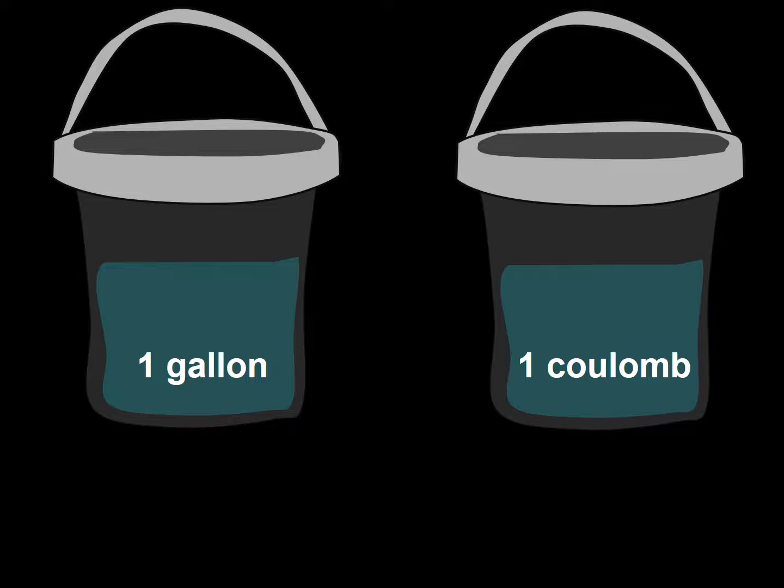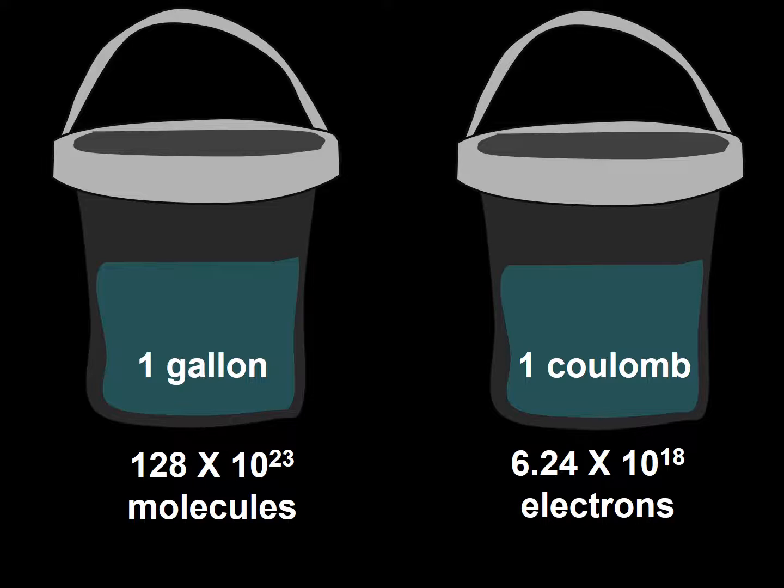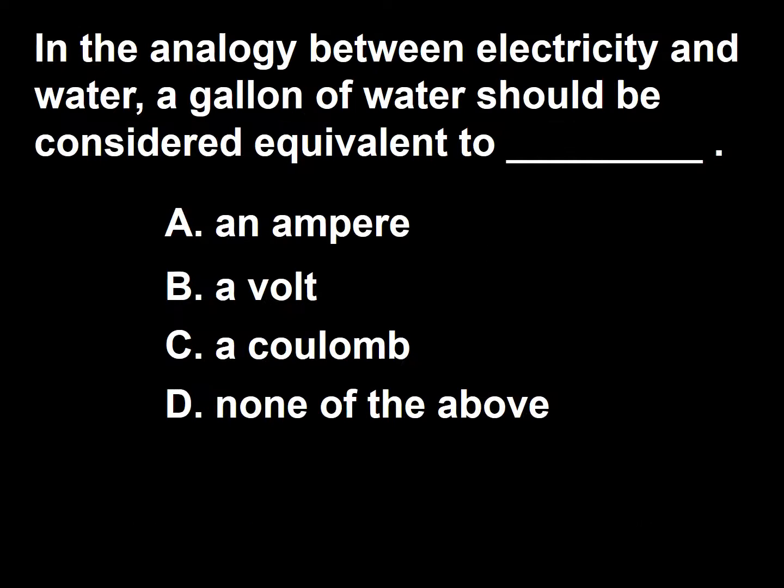The other bucket has 1 coulomb of charges. The gallon of water has, let's say, 128 times 10 to the 23rd power molecules of water. The coulomb of charges has 6.24 times 10 to the 18th power electrons. So the answer to this question is C.